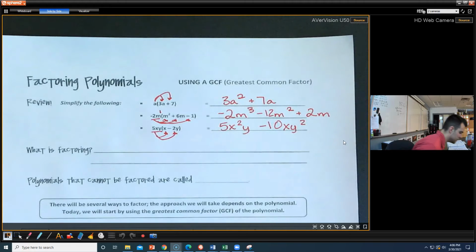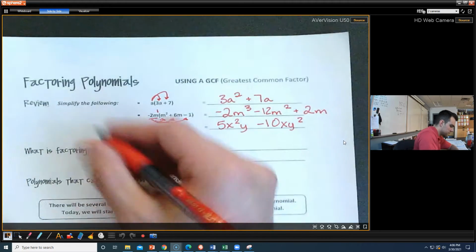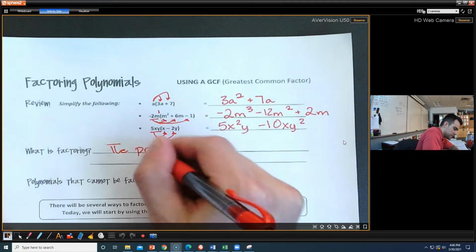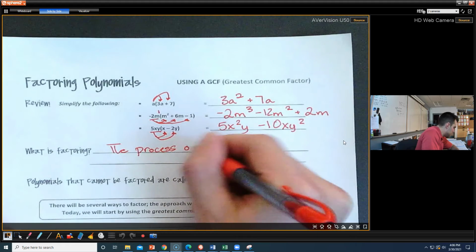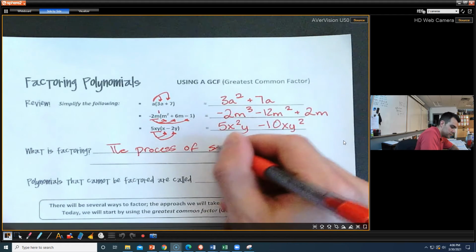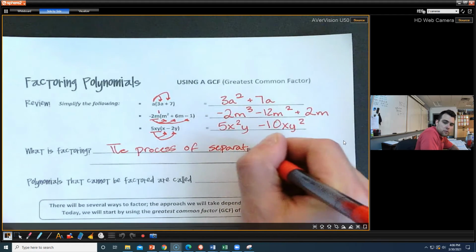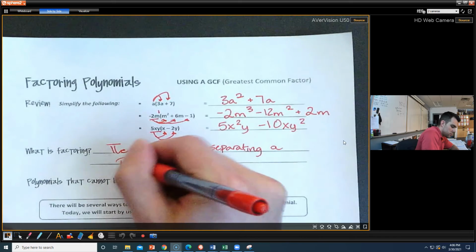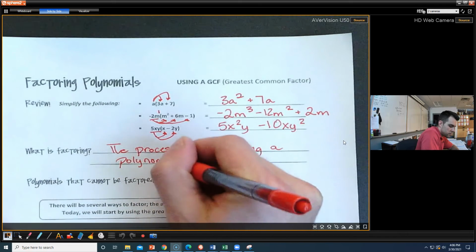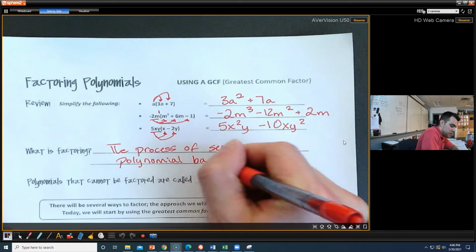Really, though, if you need a definition of it, factoring is the process of separating a polynomial back into a product.